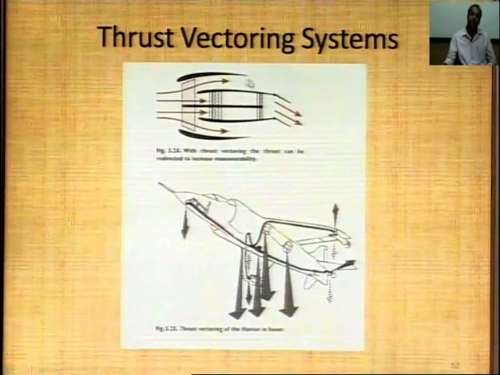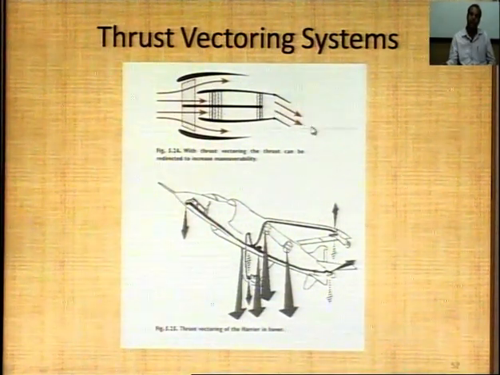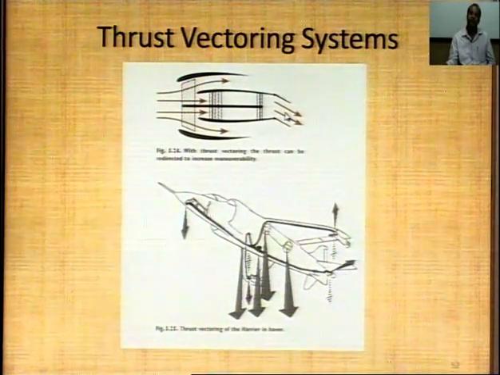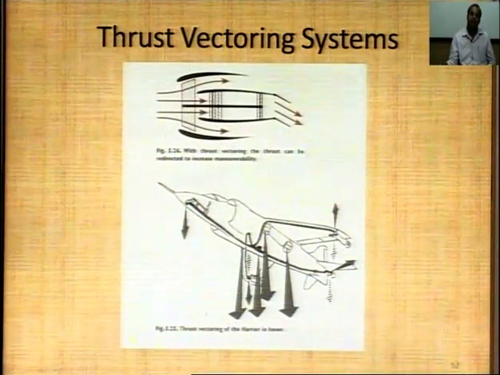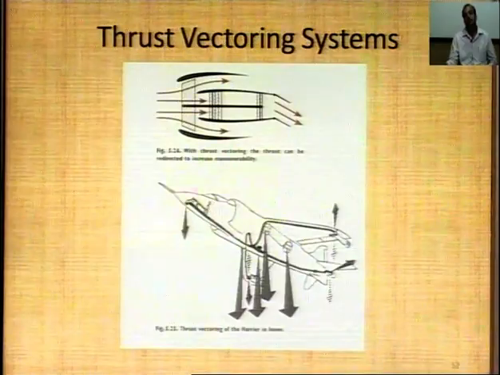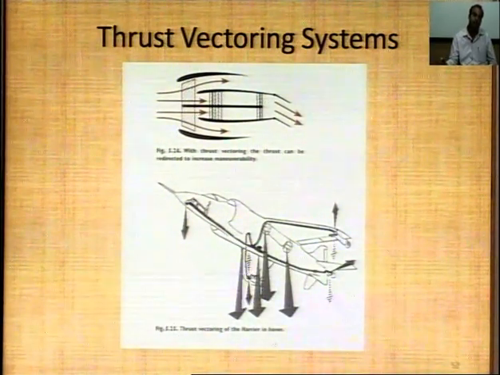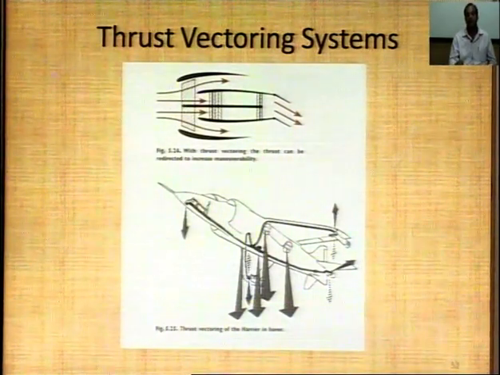Here we change the direction of the exhaust gases. By this we have a thrust, so the plane which uses the thrust vector system can lift off easily or lift down easily.